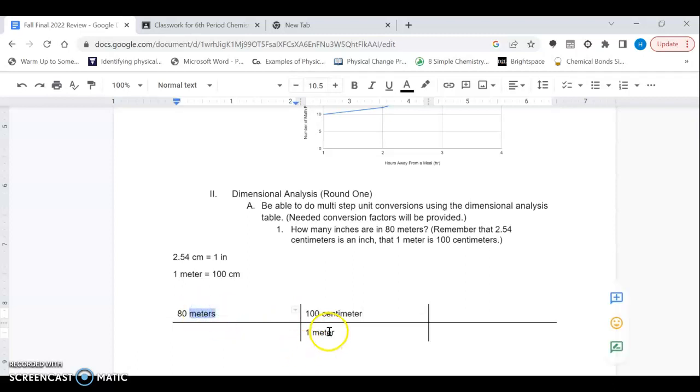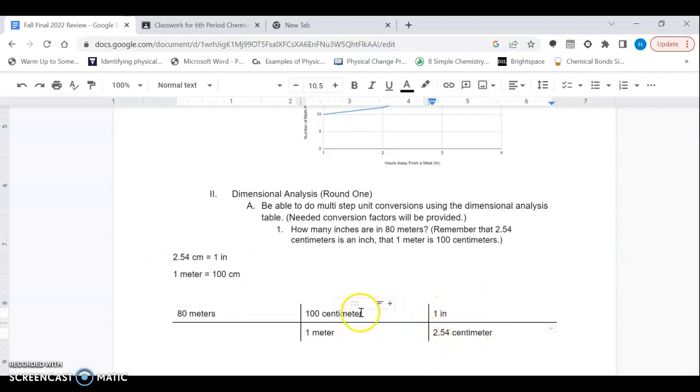So 80 meters, starting out, multiplied by 100 centimeters per meter. The meters will cancel out, and at this point we're in centimeters. Well, the problem wants me to go to inches, so I'm not quite done yet. I'm going to put 2.54 centimeters on the bottom and 1 inch on the top, because this is the other conversion factor pulled from right here.